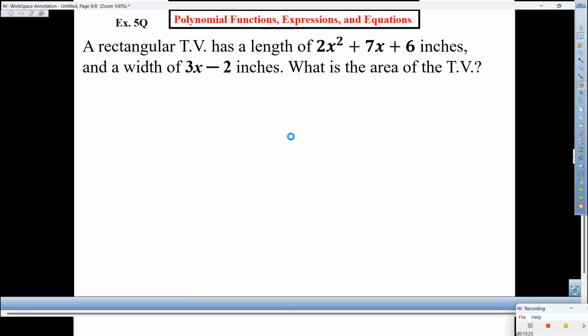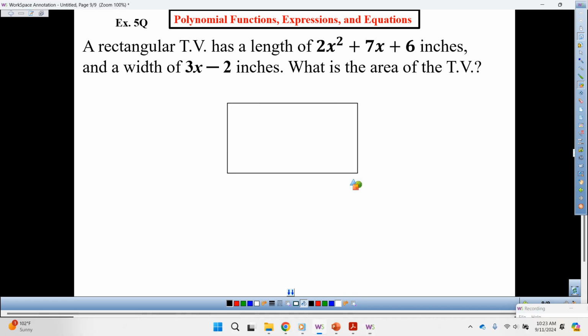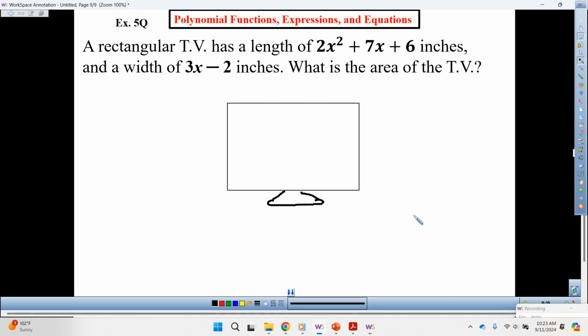So, according to what the situation here shows, we needed a TV. So, let me show you the TV. Here's the TV stand. Something like that, yeah? TV. Tell your neighbor what TV stands for.